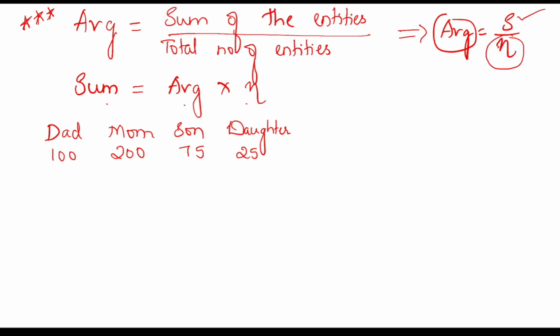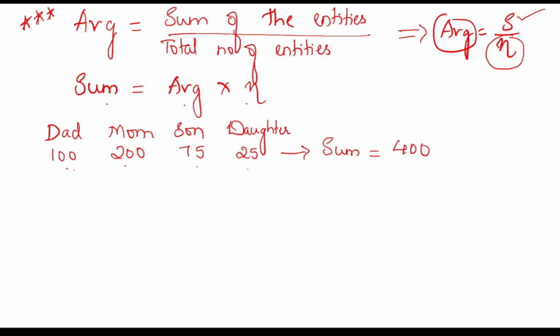When we add the money of all the members, how much will it be? It is 100 plus 200, 300, 375 and 25 is 400. So the sum is 400.